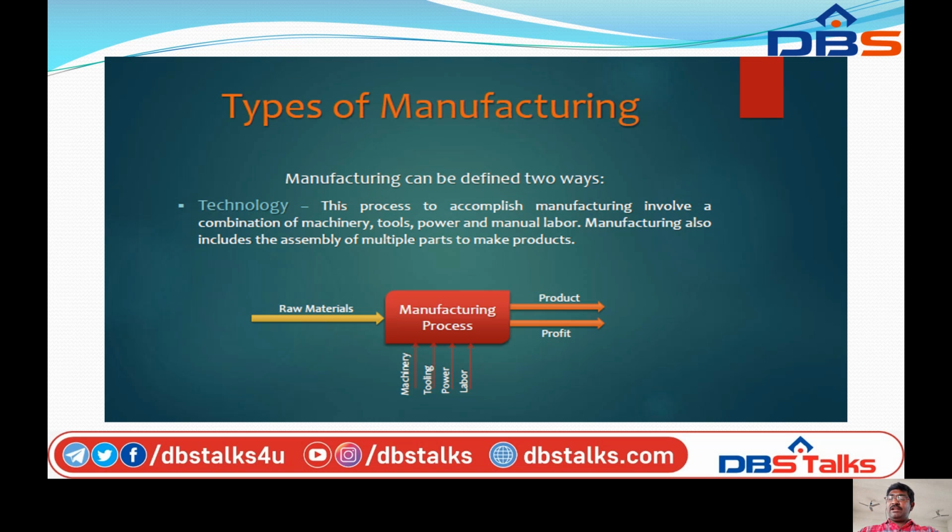This type of manufacturing also includes the assembly of multiple parts to make the product. So we can see the diagram. First we collect the raw materials, then go to the manufacturing process. In the manufacturing process, we choose machinery, tooling, power, and labor. Finally manufacturing is completed, then the product will come out, and we can collect the profits also.